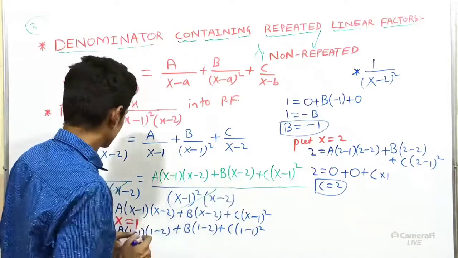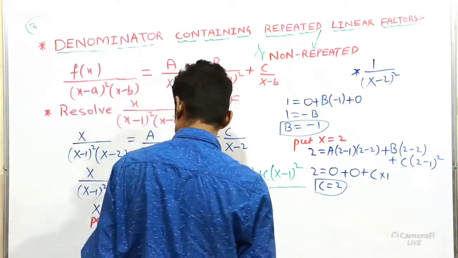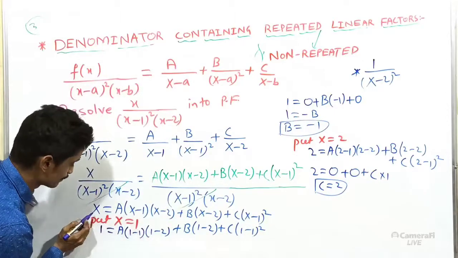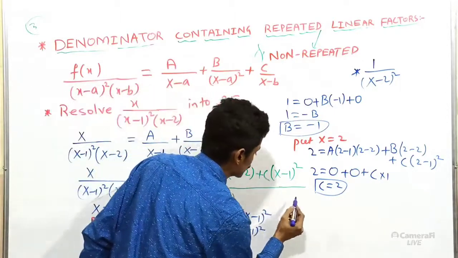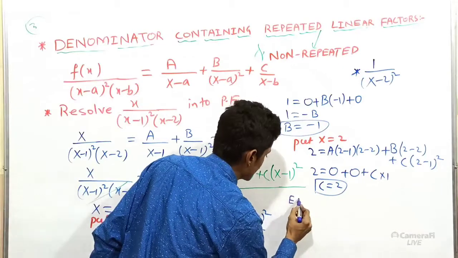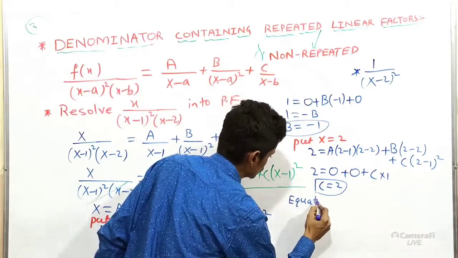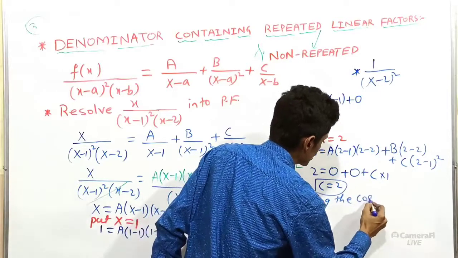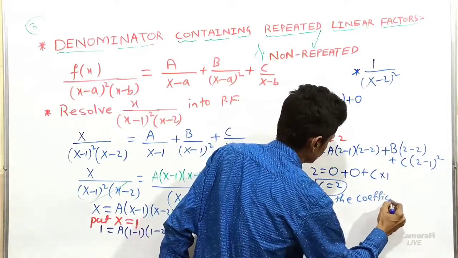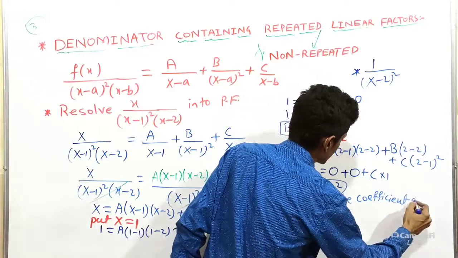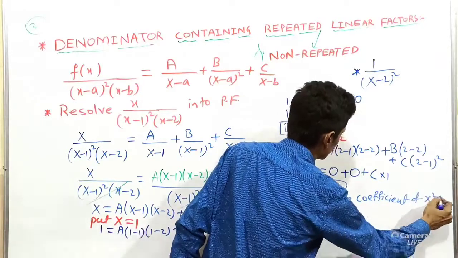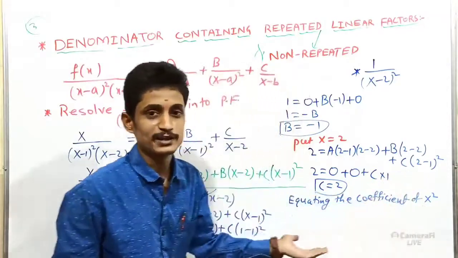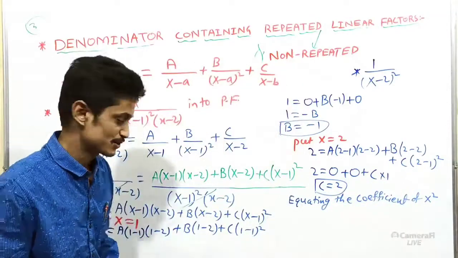I will show here how to take the coefficient. Just look, I'll write here: equating the coefficient of x square. It means you are choosing the x square coefficient on the LHS side as well as the RHS side.